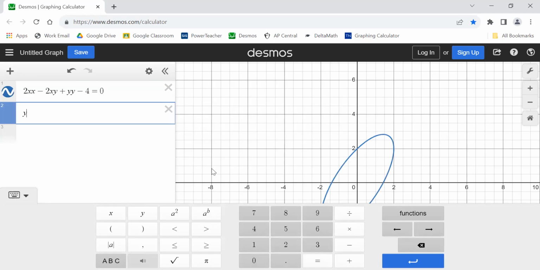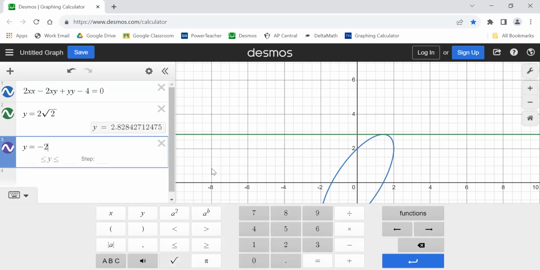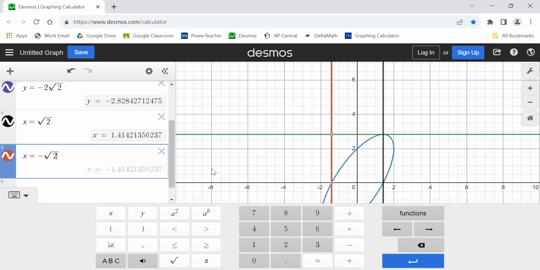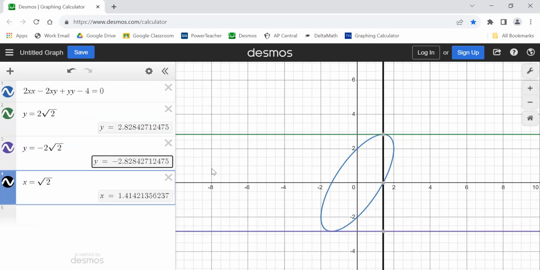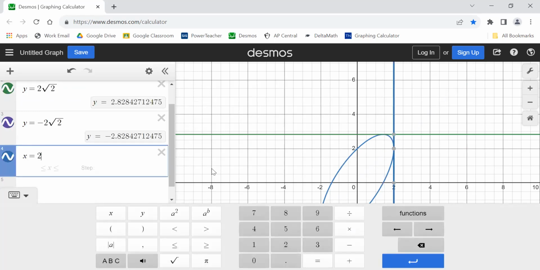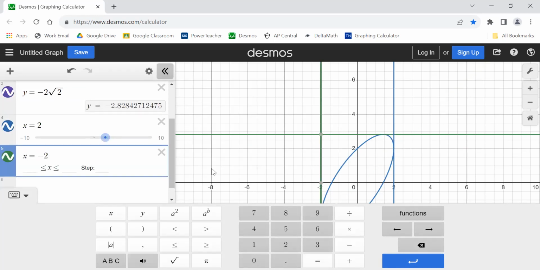And we had y equals 2 root 2, y equals negative 2 root 2 as our two horizontal tangent lines, and, sorry, not root 2, x equals 2, and x equals negative 2 as our two vertical tangent lines.